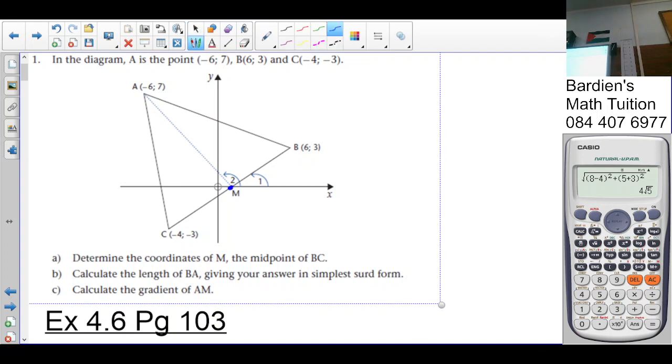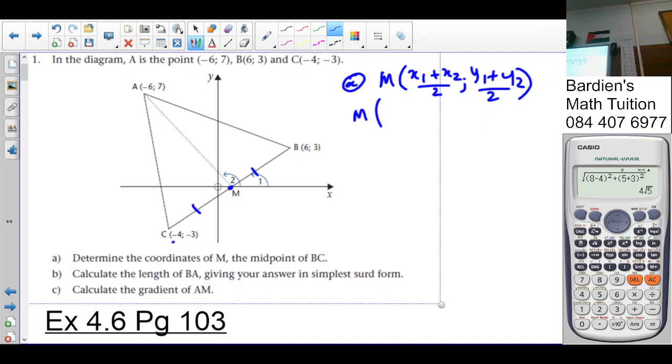Okay. So if that's the midpoint, how do we calculate M? Using the midpoint formula, which is x1 plus x2 over 2, y1 plus y2 over 2. So this would be negative 4 plus 6 over 2 and negative 3 plus 3 over 2.